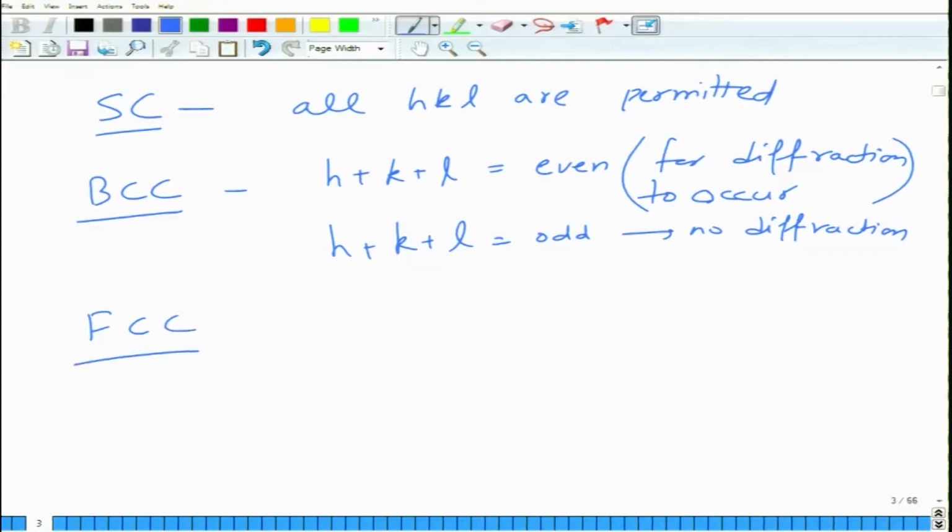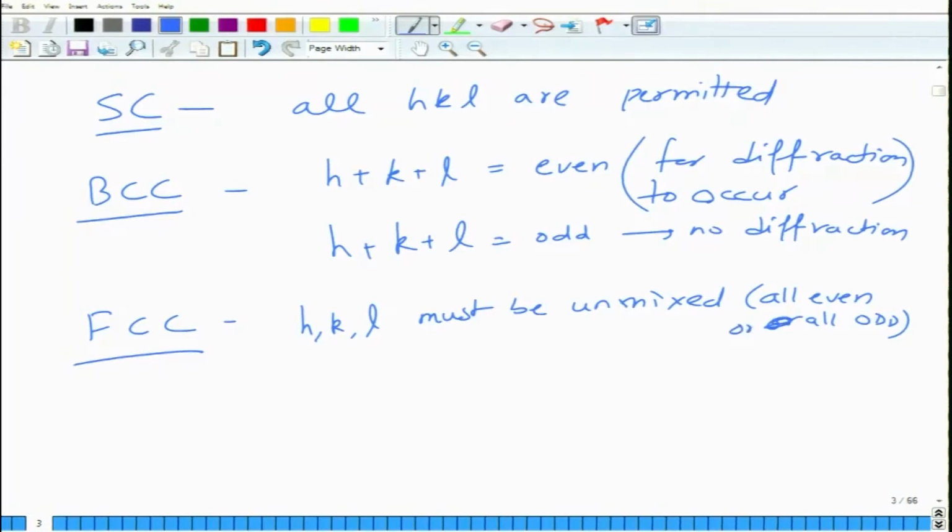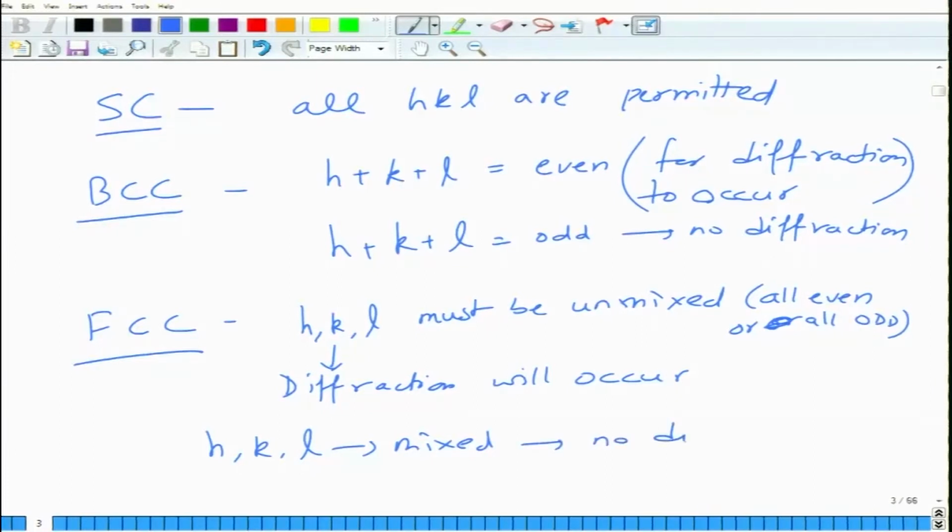And then we looked at FCC structured materials, for which diffraction to occur HKL must be unmixed, which means all even or all odd. So this will allow diffraction, and if HKL are mixed, no diffraction will occur.